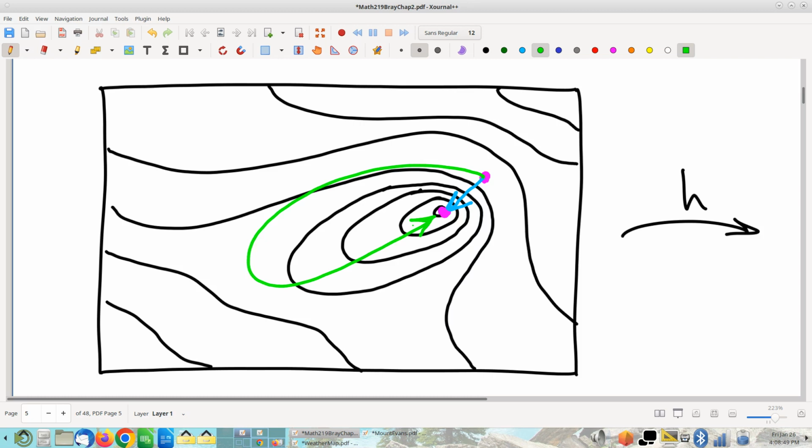Do I want to take the green trail or the blue trail? Maybe when I was younger I might entertain the blue one, but at this point that's looking really, really steep, right? Keep in mind, each one of these lines represents 100 feet. So this blue trail, there's 100 feet of elevation gain over a very short horizontal distance. That means it's super steep. All right. That's a lot of work.